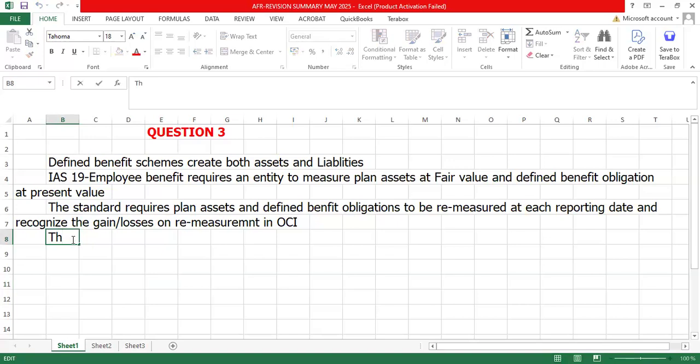Okay, so here we are going to say, therefore. When you put therefore, it means that now you're switching from the theory to calculation. Therefore, our company, what is the name of the company?